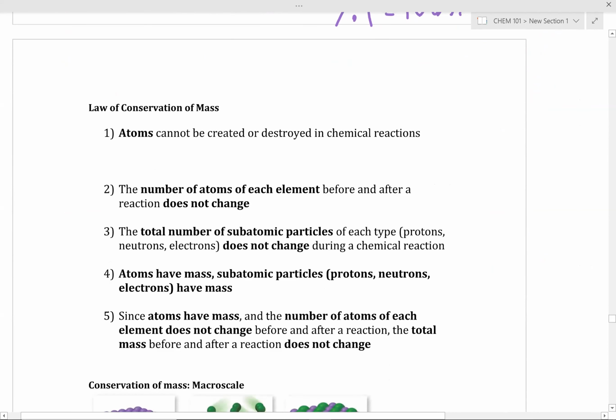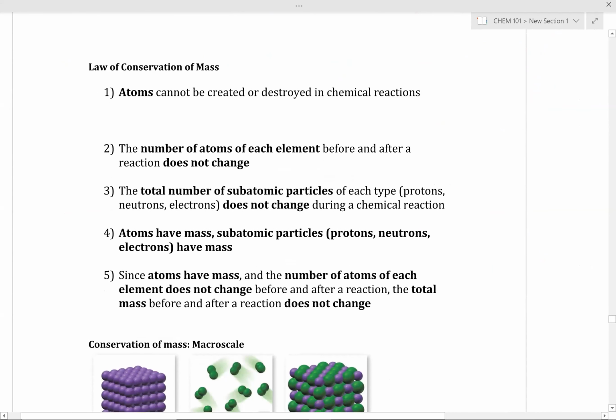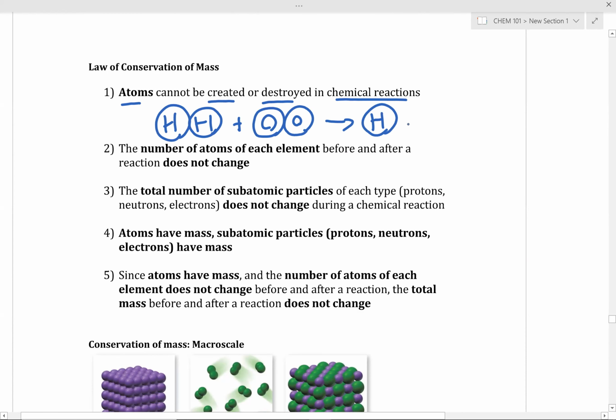So, the law of conservation of mass follows this general framework. First and foremost, atoms cannot be created or destroyed in chemical reactions. For example, if we take hydrogen, which is H2, and we react it with oxygen, which is O2, we can make potentially hydrogen peroxide.